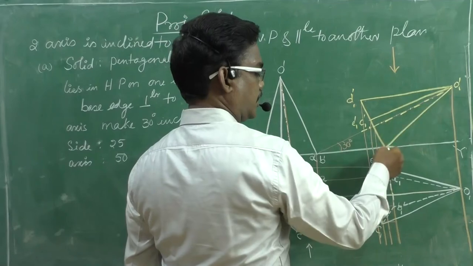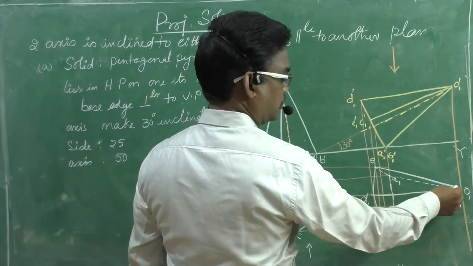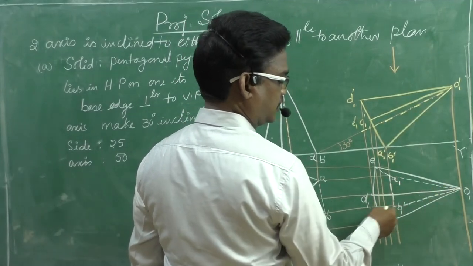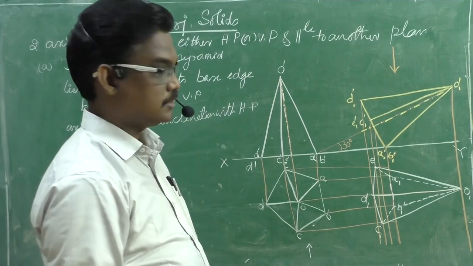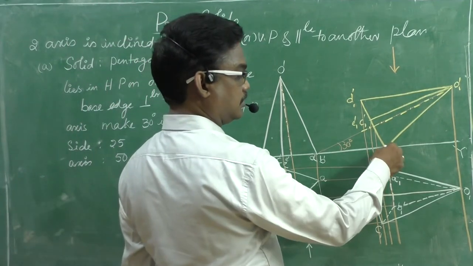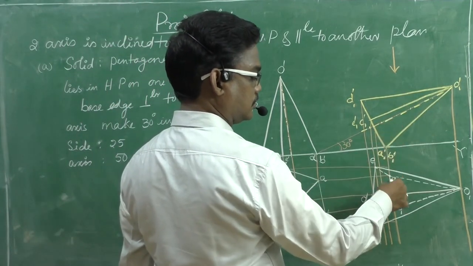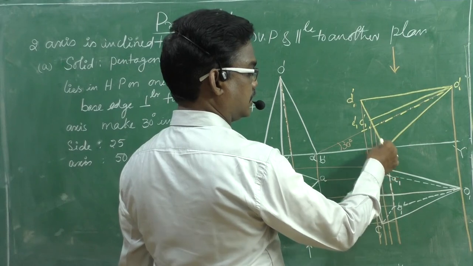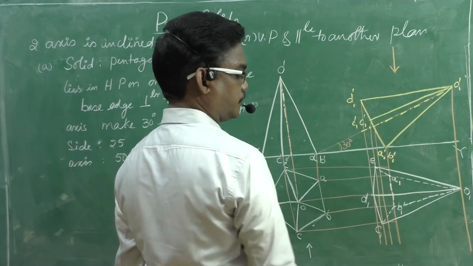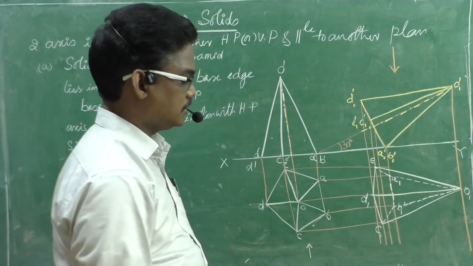Here OA and OB invisible. Next one, AB also in between these two, invisible, and AE and BC are invisible.